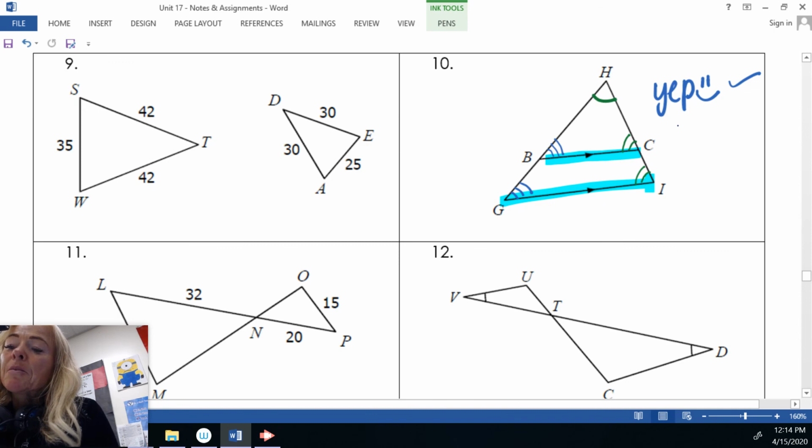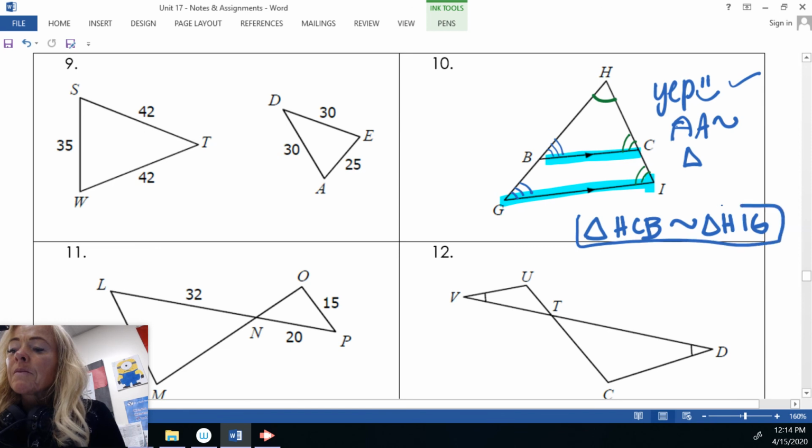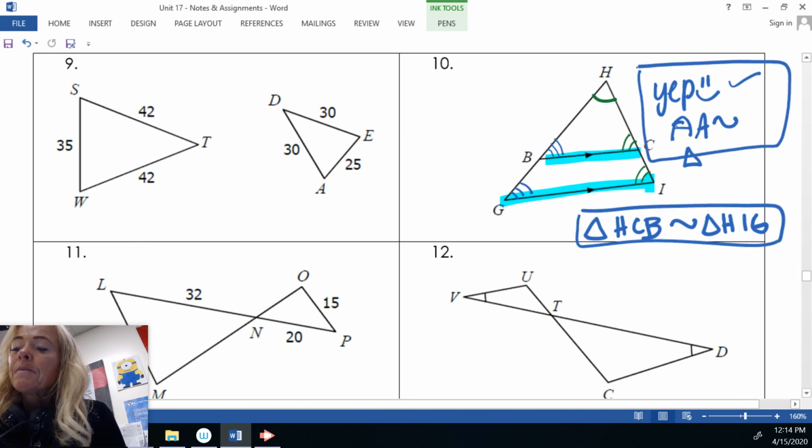But yes, they are similar by angle similarity, and that means that triangle, and I can just go 1, 2, 3. Oh, I'm going to write it down here. The similarity statement. Triangle HCB is similar to, and I'm going 1, 2, 3, to triangle HIG. Easy peasy.